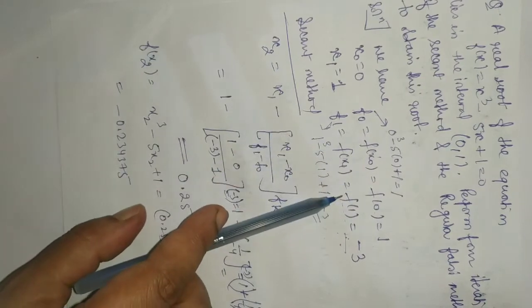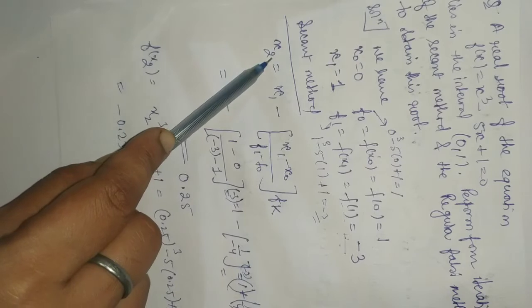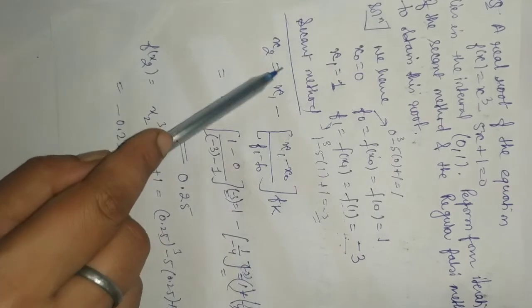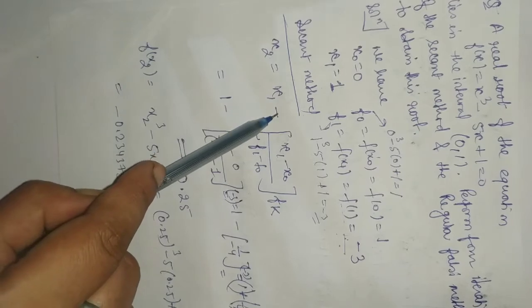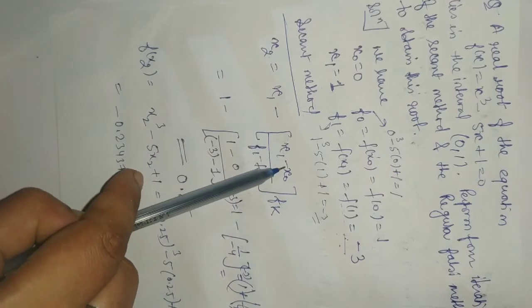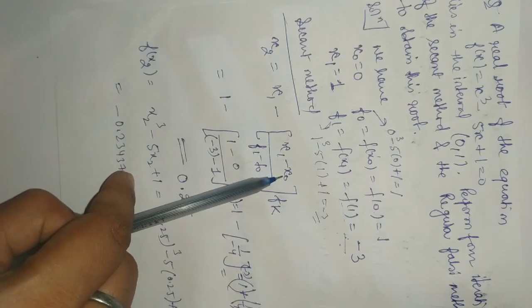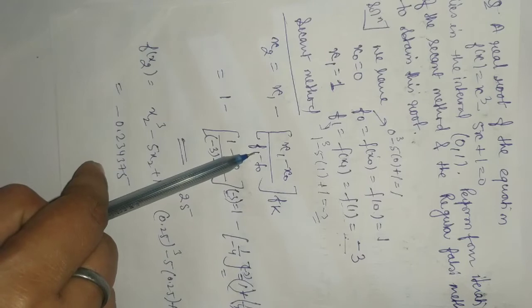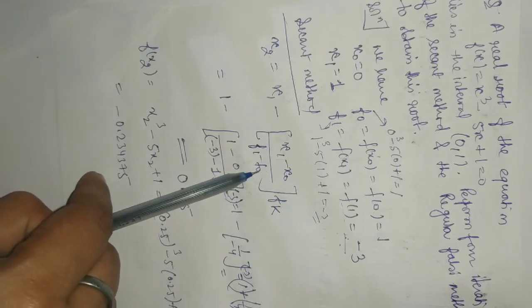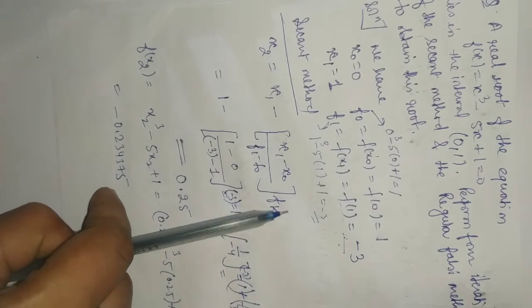As we have already seen, the formula is x(k+1) equals xk minus xk minus x(k-1) over f(xk) minus f(x(k-1)), multiplied by f(xk).